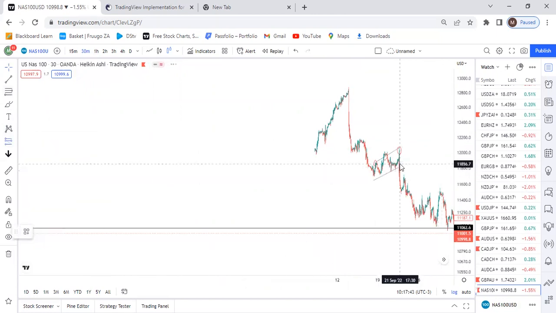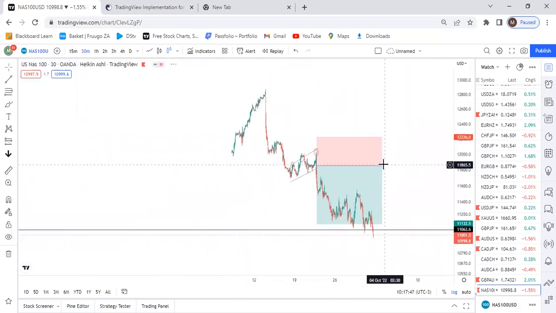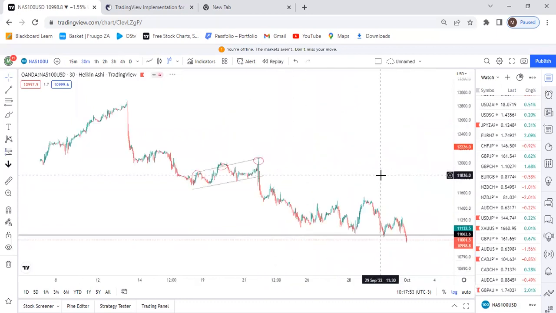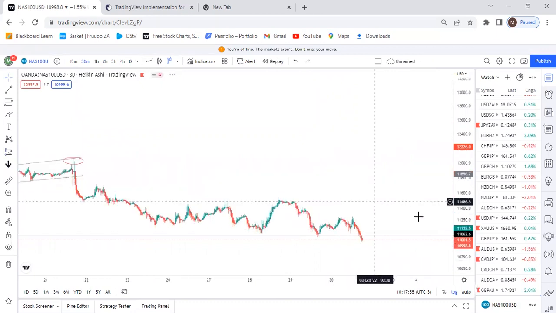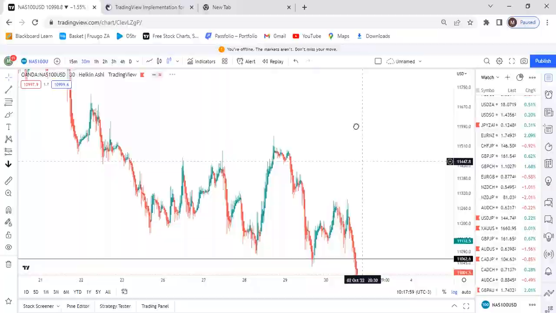You can see from that point, if you held, you could have utilized a great impulse to the downside. So now we're gonna look at what Nasdaq was doing on Friday.